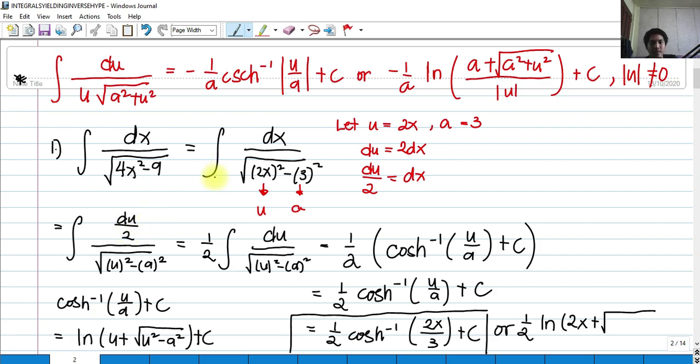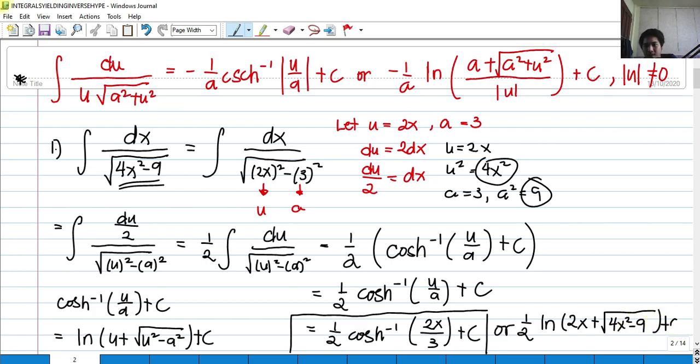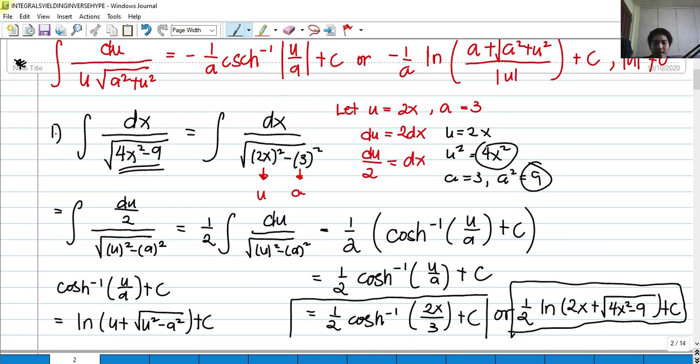Our u is 2x, and if we square it, that is 4x squared. Our a is 3, and if we square it, that is 9. So we have 4x squared minus 9, plus c. These two are valid answers. We can express this either in inverse hyperbolic cosine or in terms of the natural logarithm.